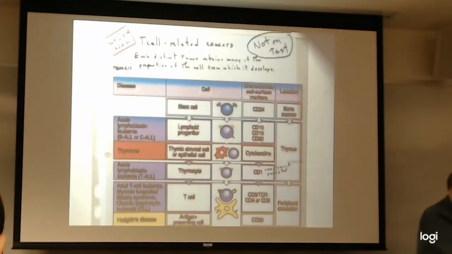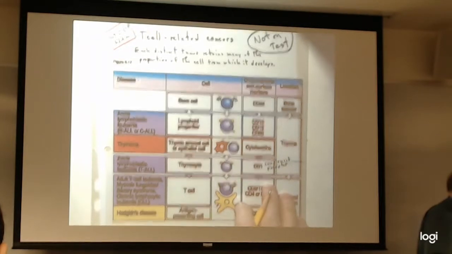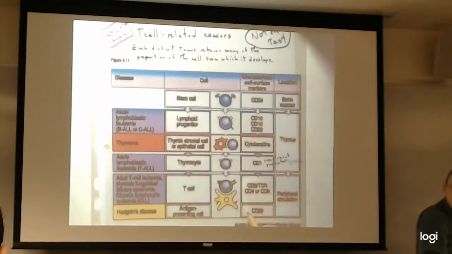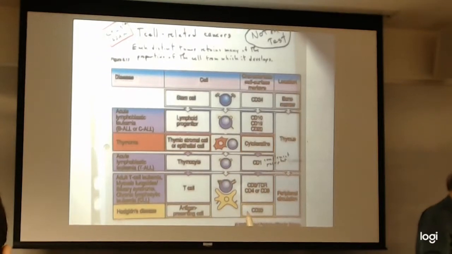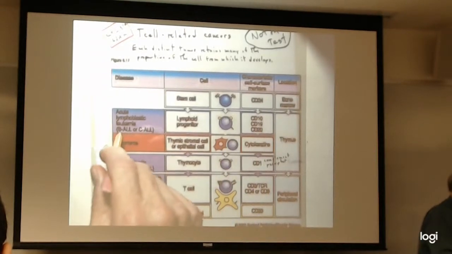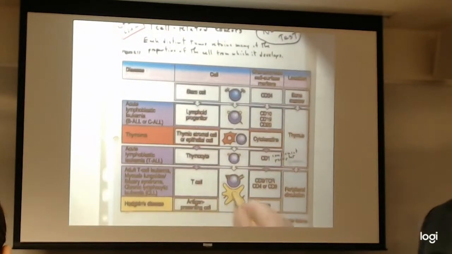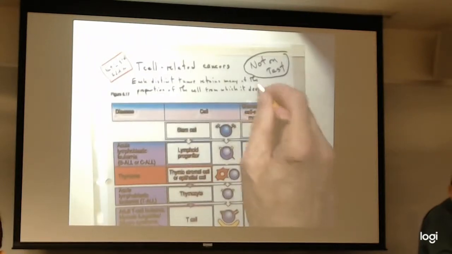And the same thing is true, certain kinds of leukemias and lymphomas arise in T cells at different stages in the differentiation process. So we get acute lymphoblastic leukemias, adult T cell leukemias. I'm not going to go through it all. It's not on the test.